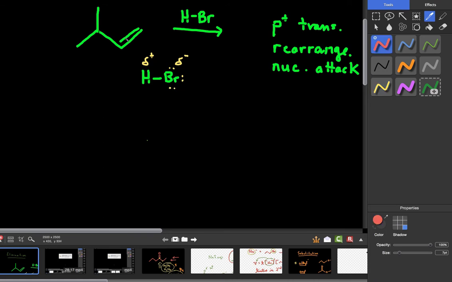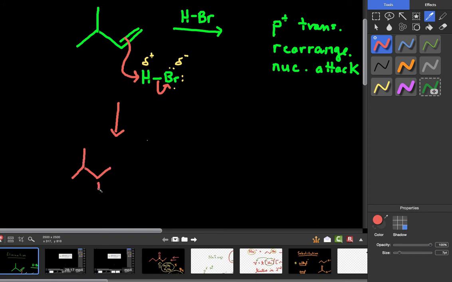So in the proton transfer step, we make a new carbon-hydrogen bond. Since hydrogen's a monovalent atom, it will yield its former bonding electrons that it shared with bromine to the bromine atom to form bromide. Again, we have a carbocation intermediate.